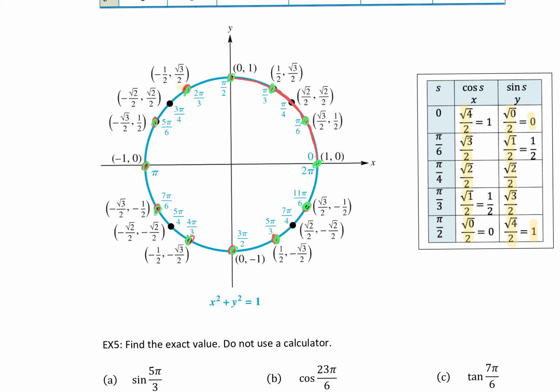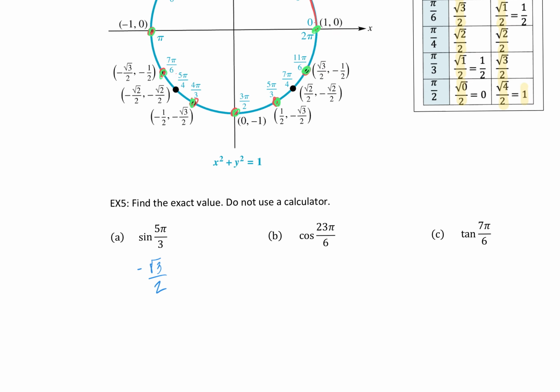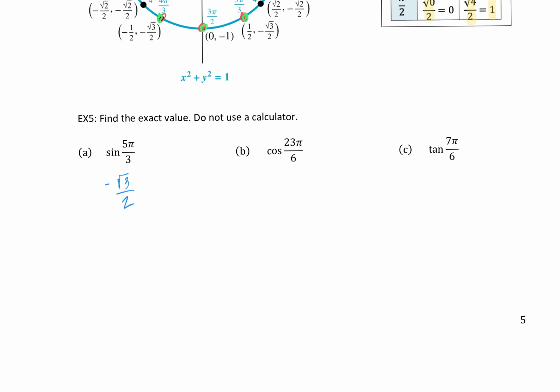At 23, I'm at 11 pi over 6. So that was tedious, but doable if you have a unit circle in front of you. That tells me the cosine of 23 pi over 6 is the same as cosine of 11 pi over 6.